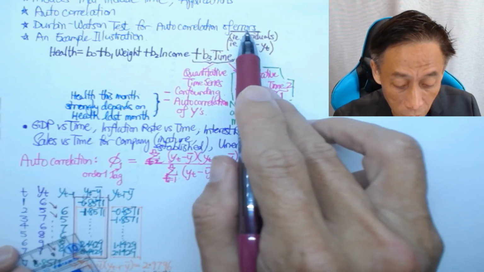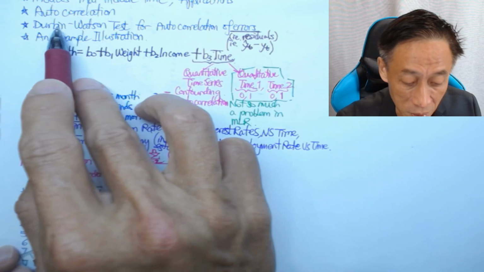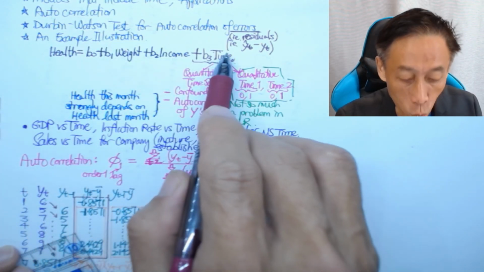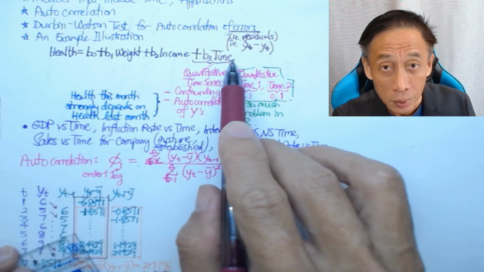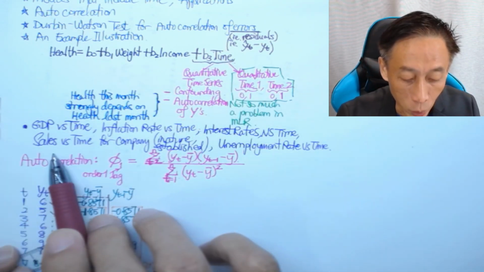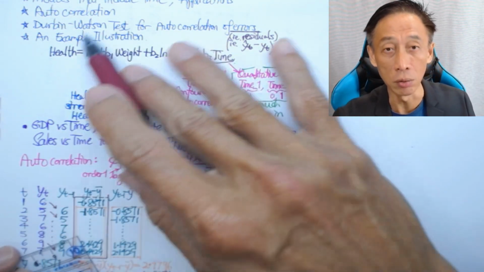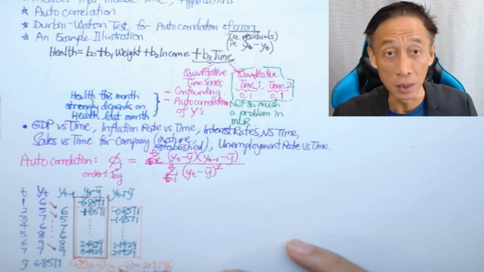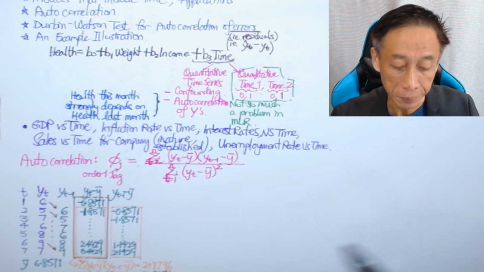So the autocorrelation of errors, in other words the Durbin-Watson test, is done after you have done the model. Whereas for autocorrelation of y, I don't even need to run the model. You give me the y, I can start calculating. So that's the main difference. Don't mix them up.